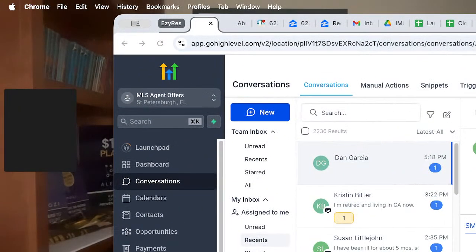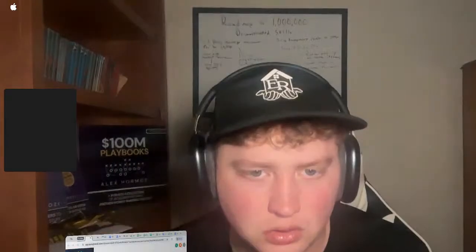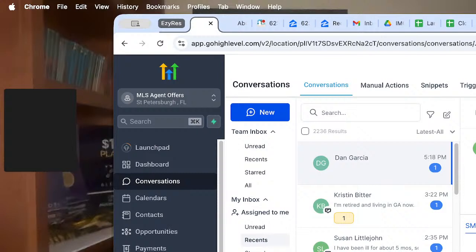I just need to figure out how to properly screen capture here. Video capture device. Does this work? What does that look like?